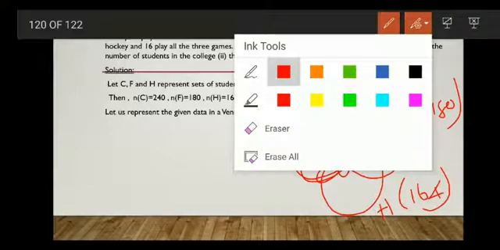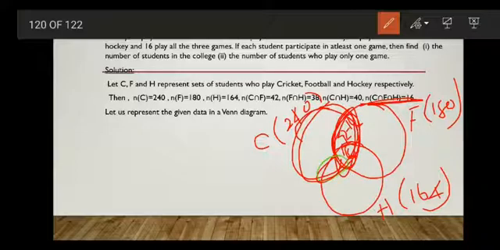I will take another color. What will be this portion? That will be this total minus 16. What is C intersection H? 40. So this portion will be 40 minus 16. What is this portion? That is n of H intersection F minus n of C intersection F intersection H, that is 38 minus 16.